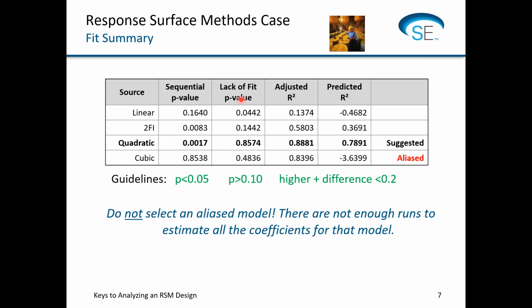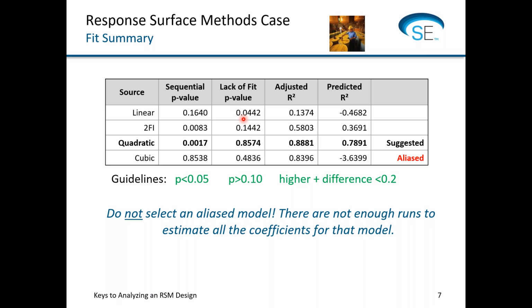The next column of information is something called the lack of fit. Now, we want our model to fit. We want the model to fit the data. And so significant lack of fit is bad. That means the model does not fit.